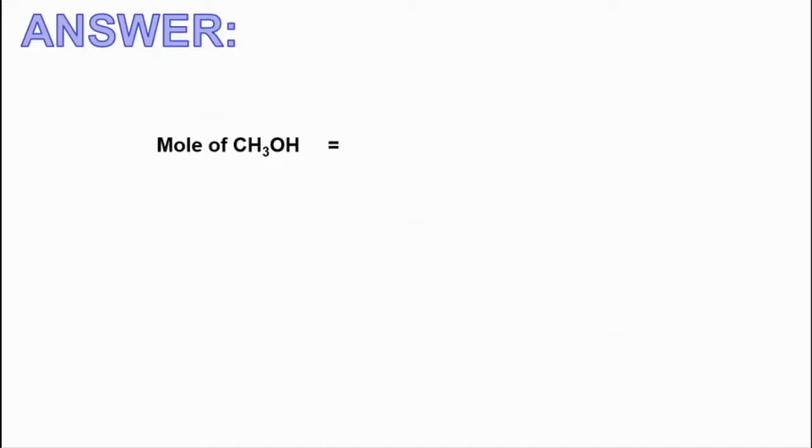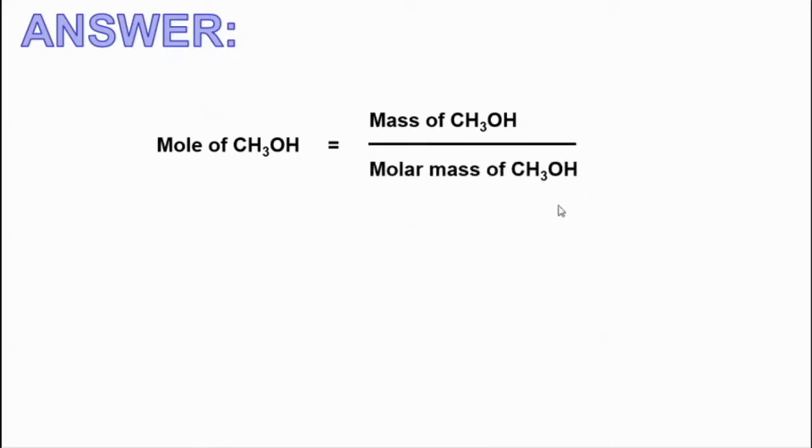If we look back at the previous lesson, 1.2 mole concept, you have already learned about moles, and then the molarity. Okay, so we are going to use that in this solution. Since we want to determine the mole of methanol, mole of methanol equals mass of methanol divided by molar mass of methanol.